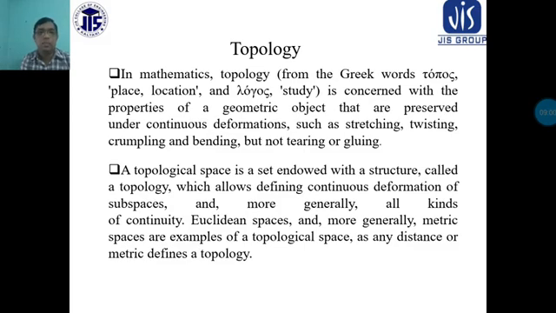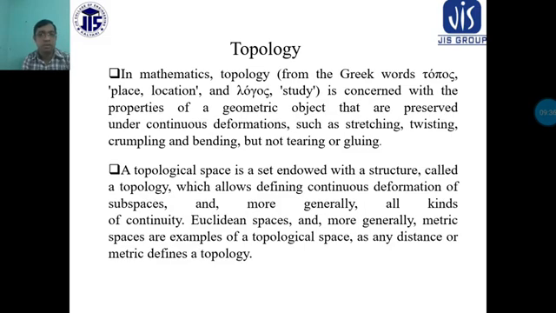Another thing is that a topological space is a set endowed with a structure called a topology, which allows defining continuous deformations of subspaces, and more generally all kinds of continuity. Euclidean space and more generally metric spaces are examples of topological spaces, as any distance or metric defines a topology.